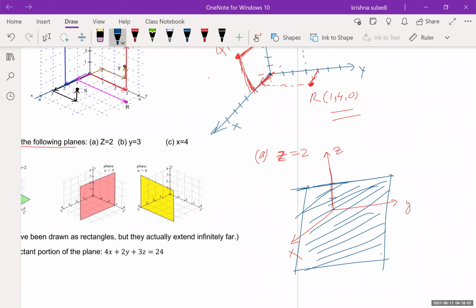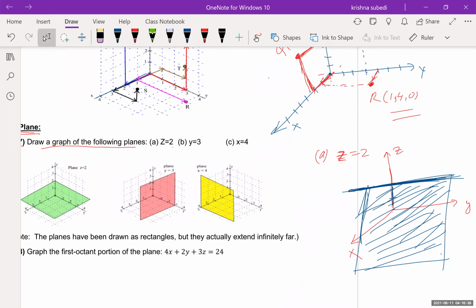Now imagine that you have a line going at 2 feet on the wall. This is parallel to the xy plane, and it's kind of difficult to draw, but you can say that z is fixed, which is 2, and x and y could be anything. So this is a plane parallel to the xy plane.